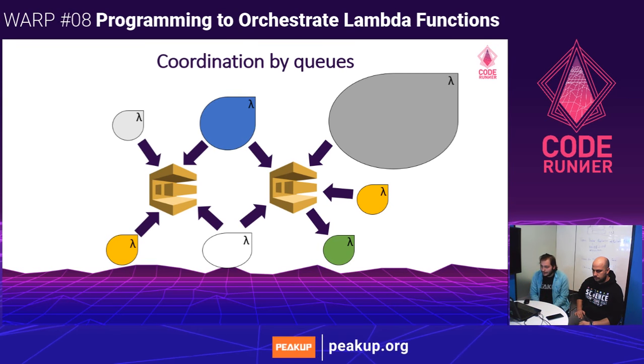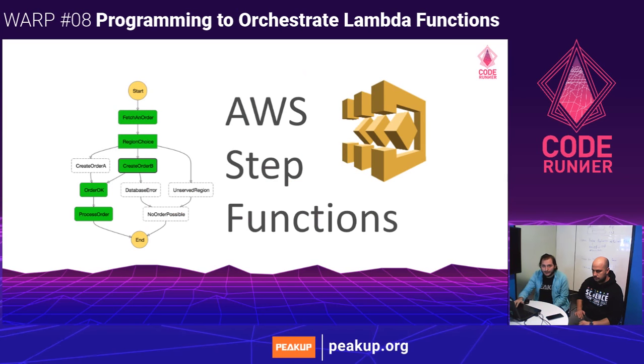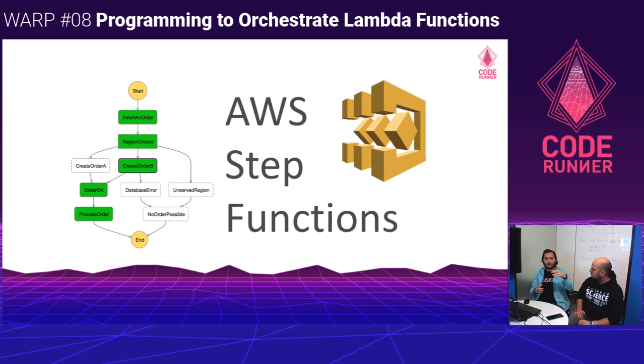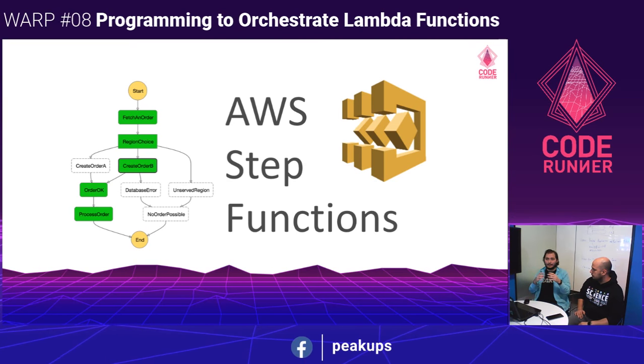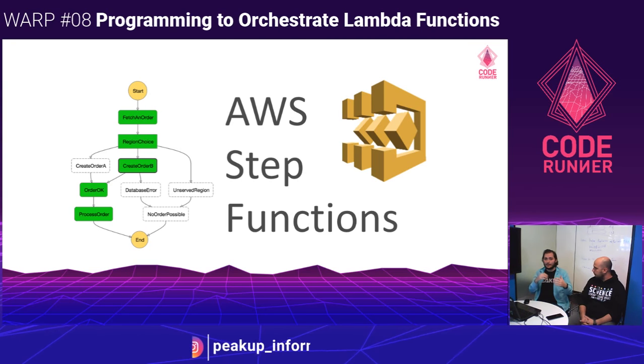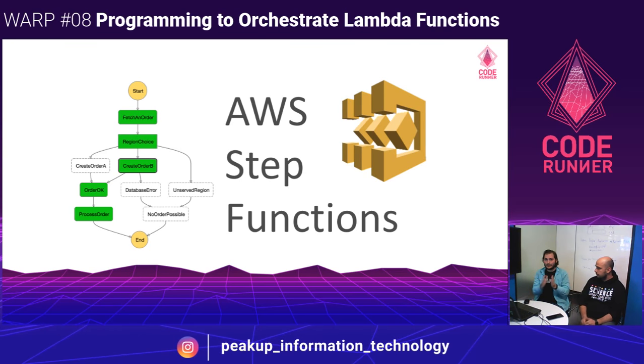But there is another way. AWS provides us a service called Step Functions, and you can coordinate your functions to run with specific settings, and you can do branching, start and stop the services, and that kind of stuff.